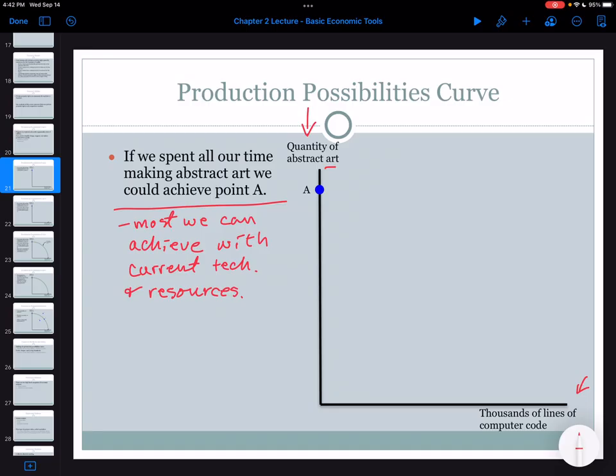It's kind of the most our society can produce at this point in time. So we've got that labeled right here. We'll call that point A.